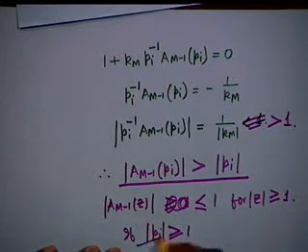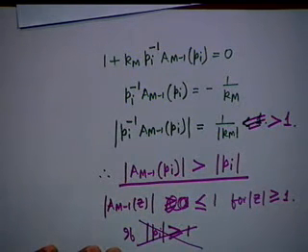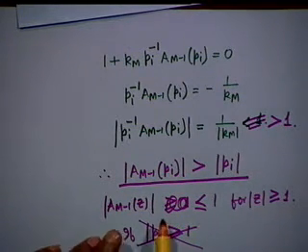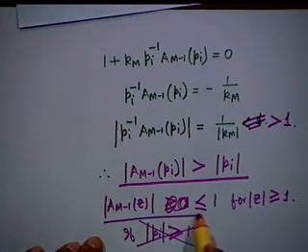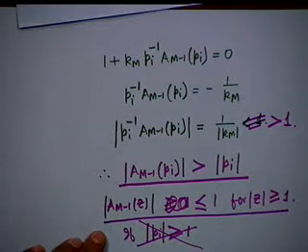Therefore, this cannot be allowed. Is that clear? The proof is by contradiction. If A_{M-1}(z) is stable, then this condition must be true.